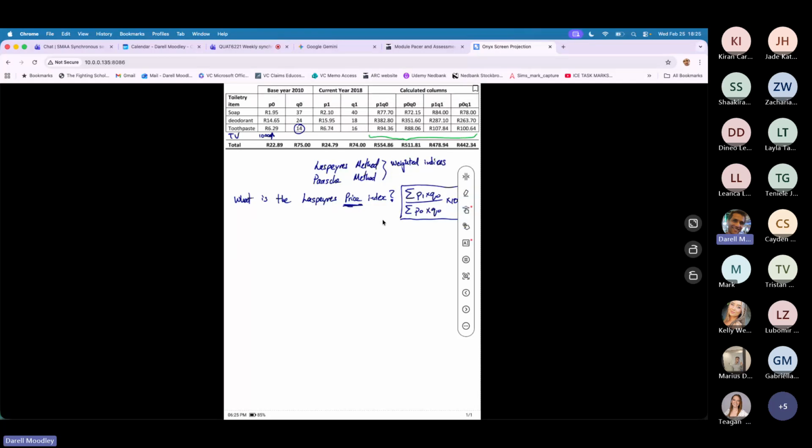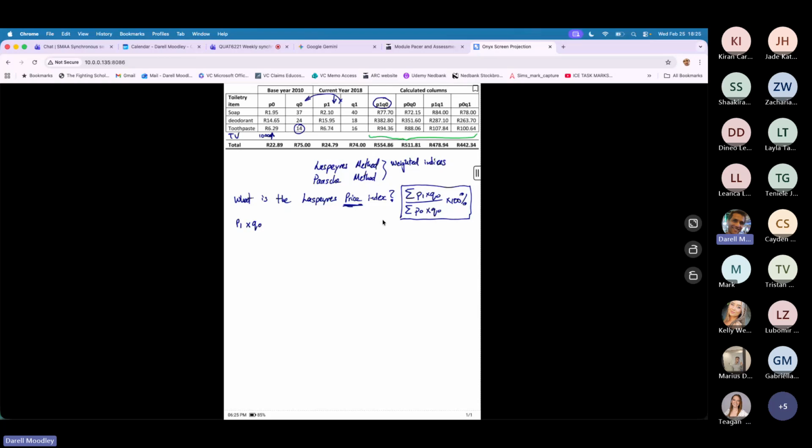All right, so let's look at the first column I have here. This first one that I've created, P1 Q naught. What that means is P1 Q naught is just P1 times Q naught. So that means everything in the P1 column, I'm going to multiply by everything in the Q0 column.